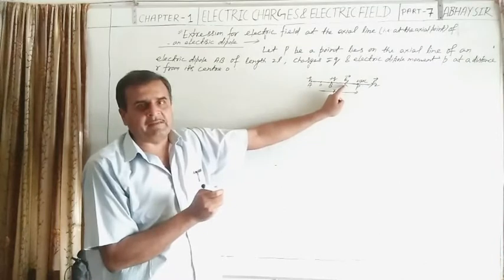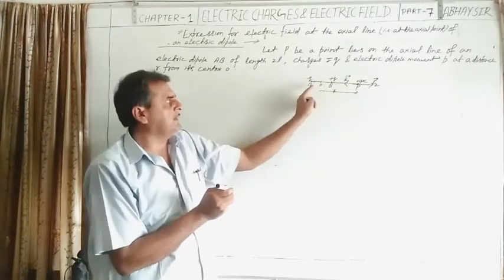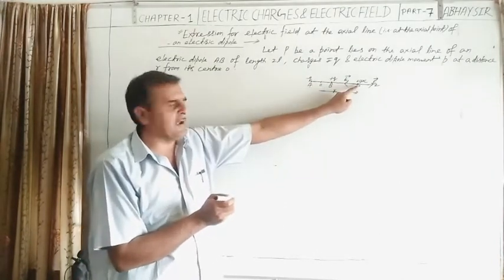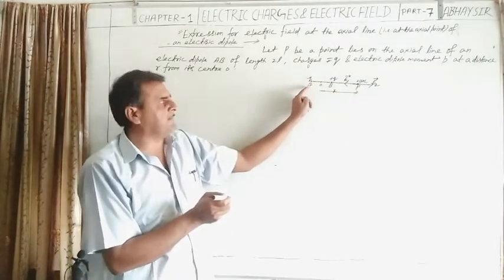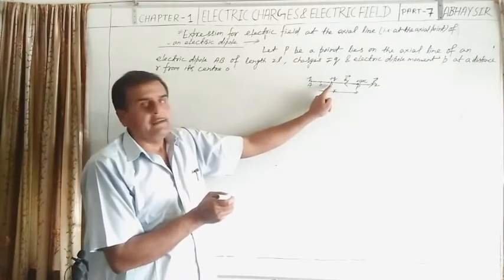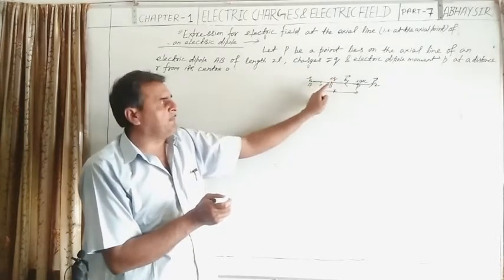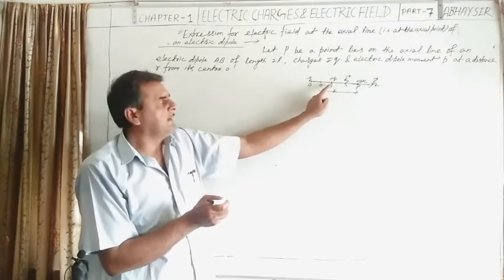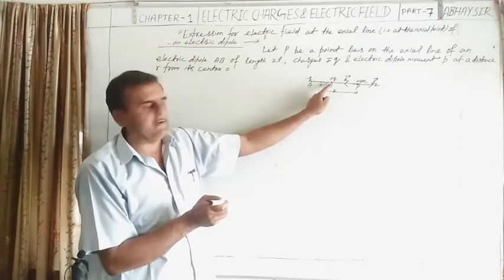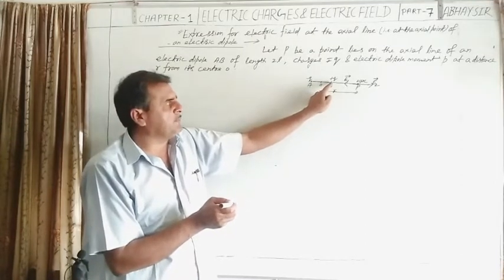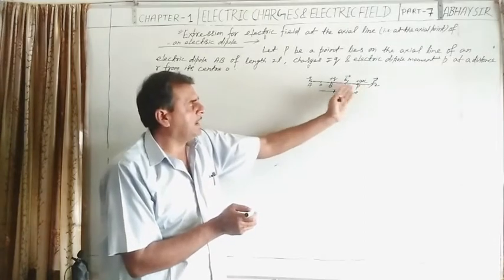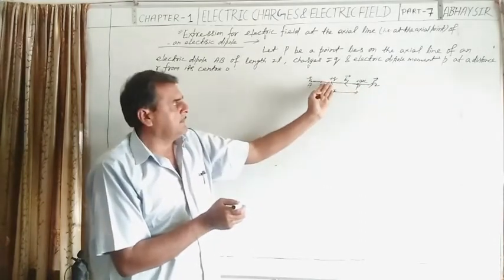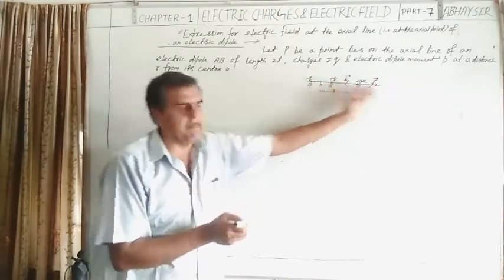Symbol of electric field is capital E. This is E1, the electric field intensity at point P on the axial line due to charge minus Q placed at point A. And the other charge, plus Q of the electric dipole, is kept at point B. This plus Q charge will repel plus 1 microcoulomb away from the charge plus Q, that is along BP.